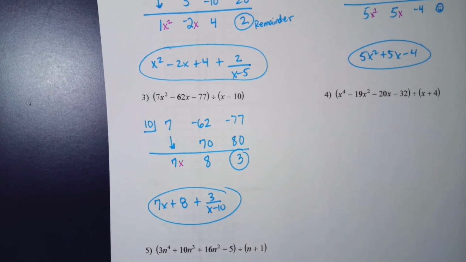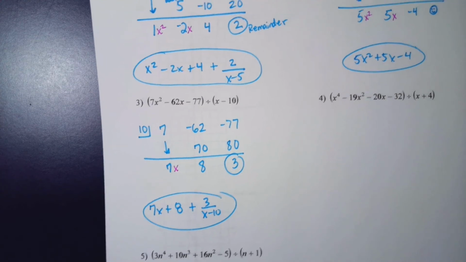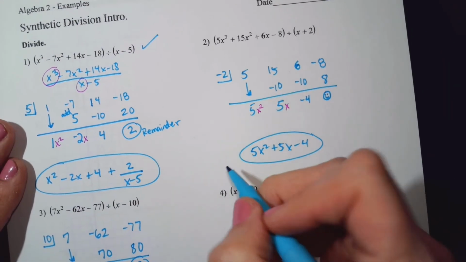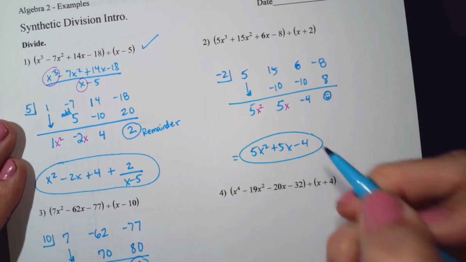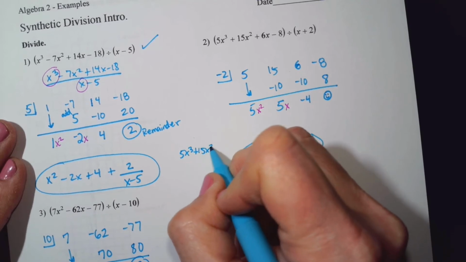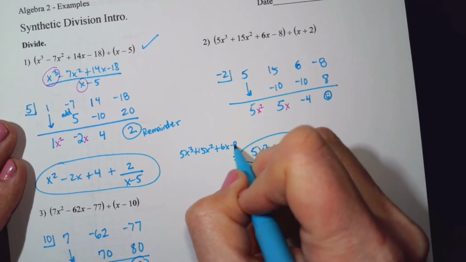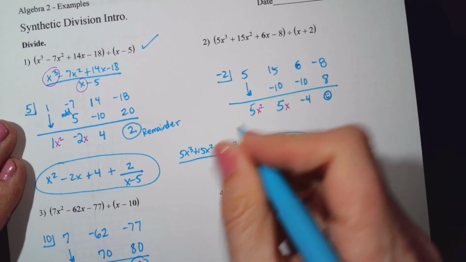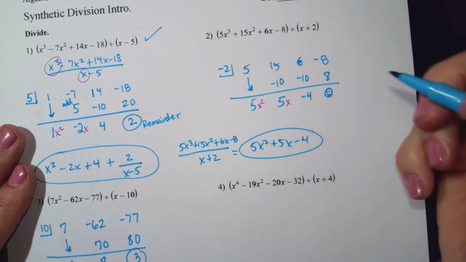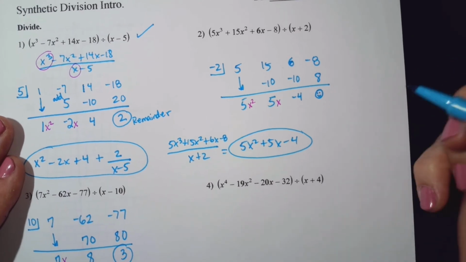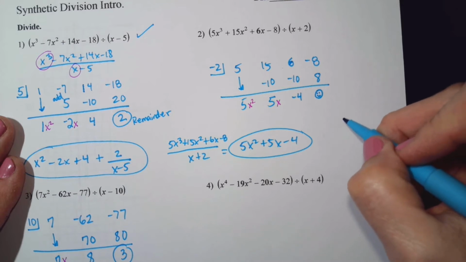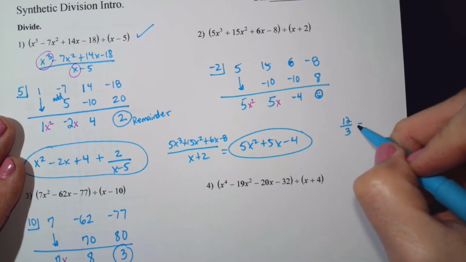All right, so this had a remainder, but I want to go back and show you up in number 2. What happened here is this problem was really 5x to the third plus 15x squared plus 6x minus 8. It was divided by x plus 2. I want you to remember a little fact. If you like number facts, like back in elementary school, 12 divided by 3 is 4.